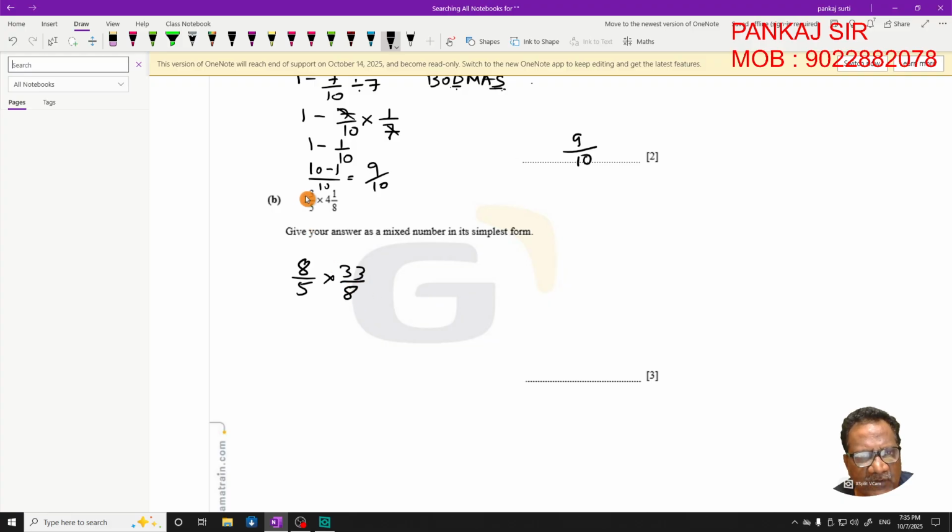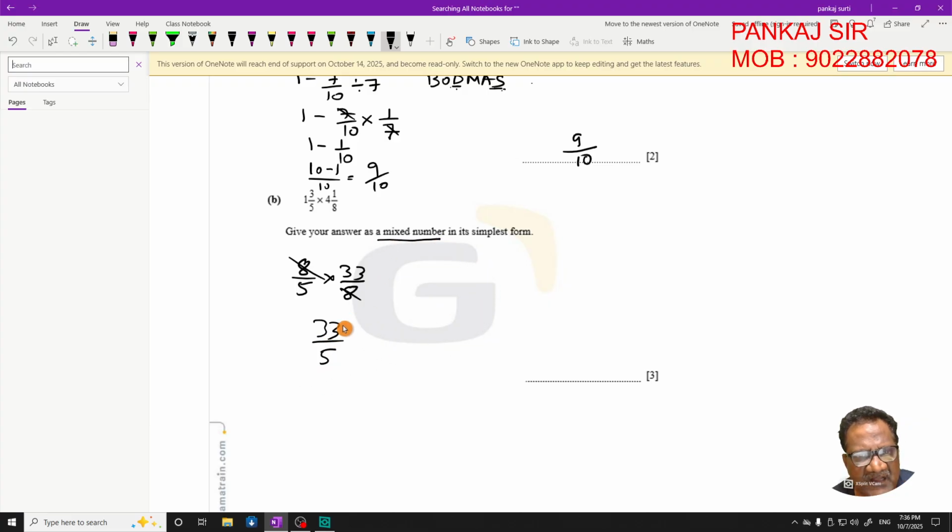So I converted both mixed fractions into improper fractions and multiplied them. 8 gets cut away, and I get straight away 33 upon 5. But the answer is required in a mixed form.